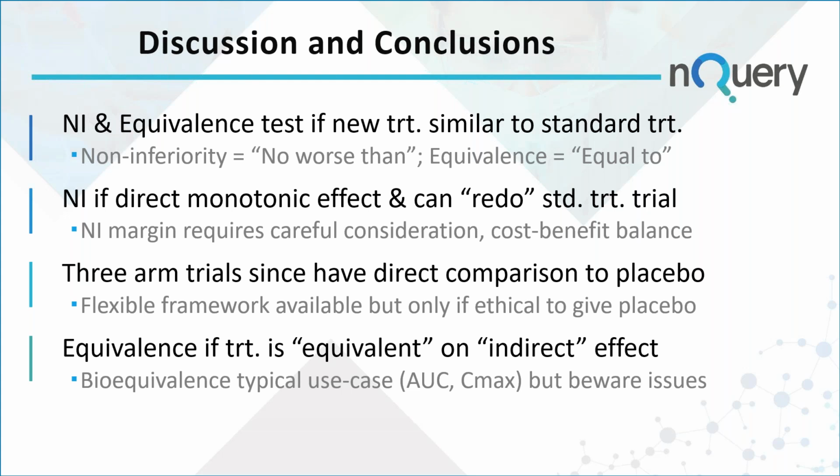And equivalence is all about showing that your treatment is equivalent. Usually, as I say, you can definitely do it on direct effects, and there's no problem with that, but usually you look at indirect effects, such as in bioequivalence studies, where we're looking at AUC, Cmax, these measures of the blood concentration profile, like how long does it last in the blood, what is the concentration, and ensuring that that's giving a similar profile to the original drug.